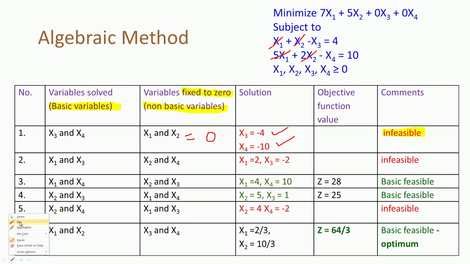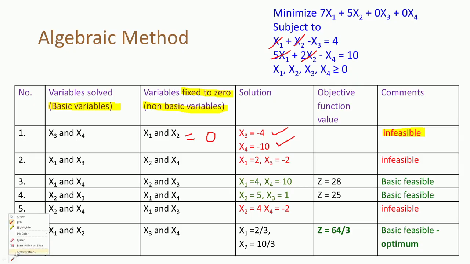Now, we look at the second instance where we are going to solve for x1 and x3, and we are going to fix x2 and x4 to 0. Since we are fixing x2 and x4 to 0, I am leaving them out.